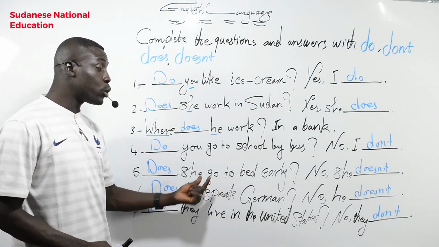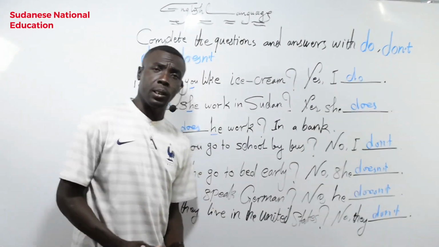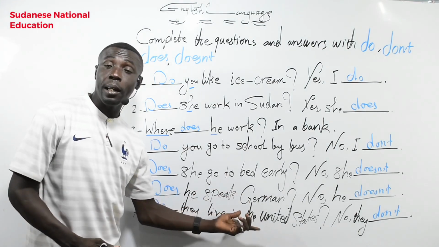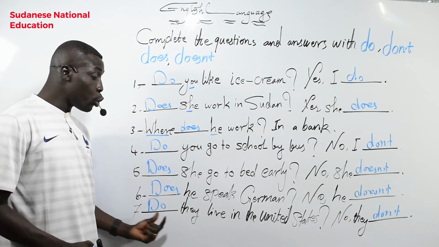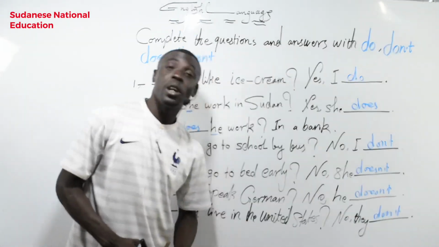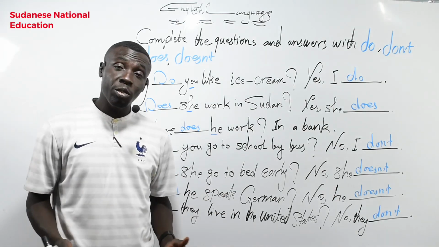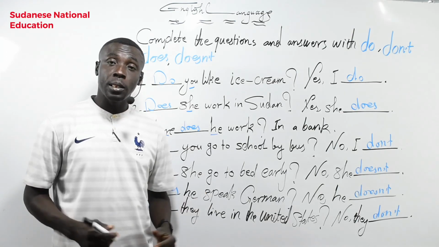Does she go to bed early? No, she doesn't. Does he speak German? No, he doesn't. Do they live in the United States? No, they don't. So here we come to the negative and the interrogative in the present simple.